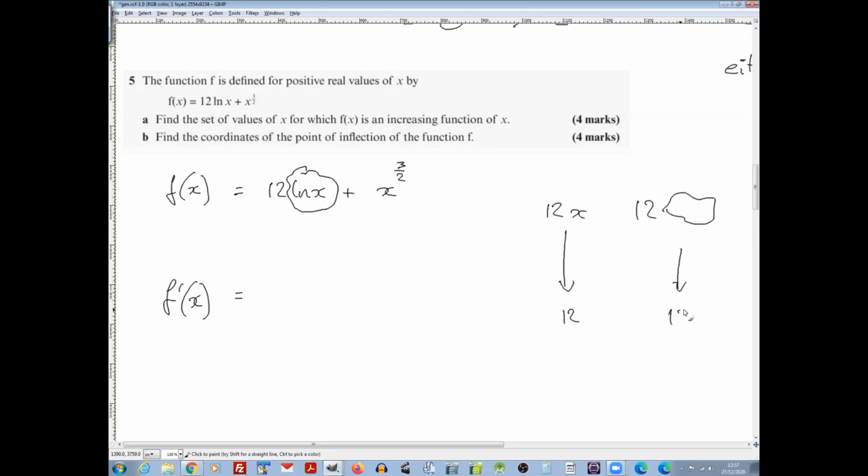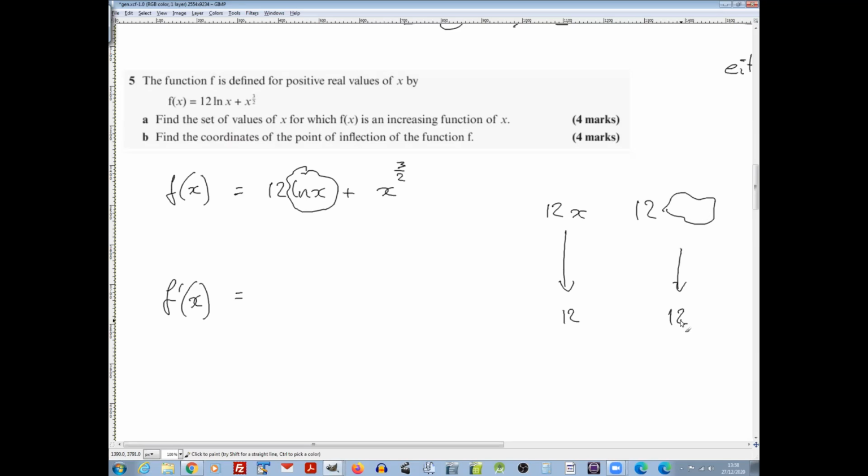I don't know why you're saying 12 blob. What am I meant to say? Blob. I don't know. Here we're differentiating 12x with respect to x, and we say the result is 12. But that goes for 12 of anything with respect to that same thing. So the derivative of 12 blob with respect to blob must be just 12.